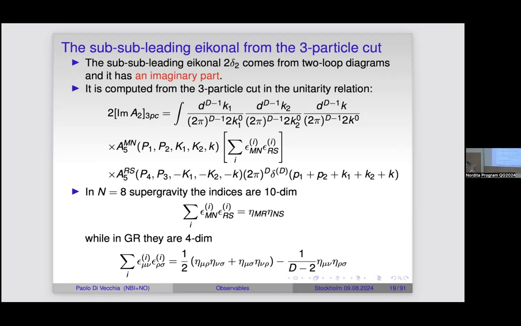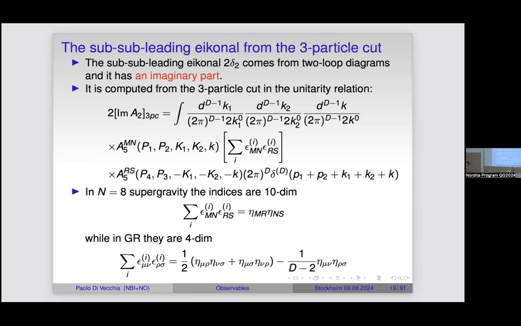This imaginary part can be computed from the three-particle cut using the unitarity relation. And here is the sum over polarizations. If you do the calculation in N=8 supergravity, you have to sum over various massless states. In GR, you sum over the two polarizations of the graviton.